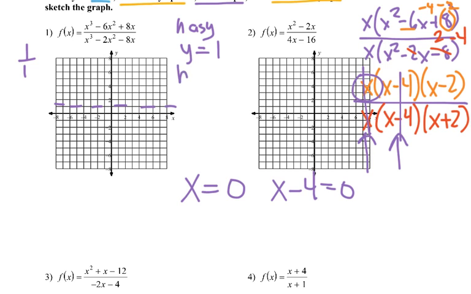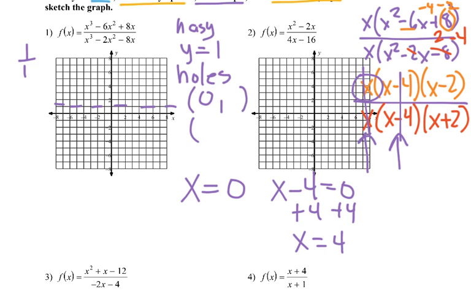So we'd have 0 something and 4 something. Those just give us the x values. To figure out the y values, I've got to do one more thing.